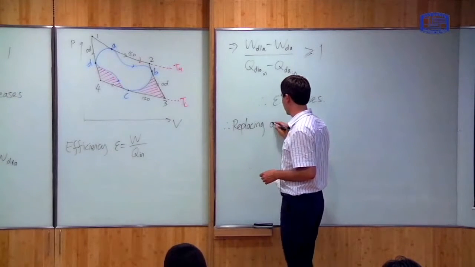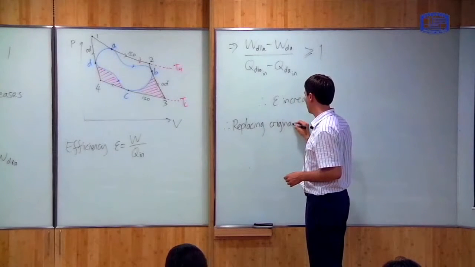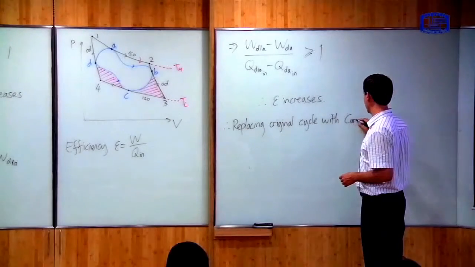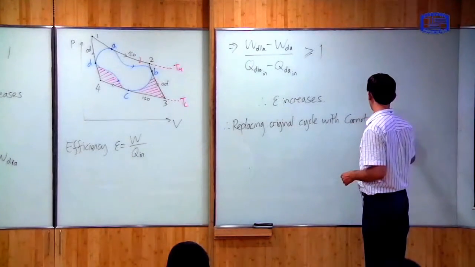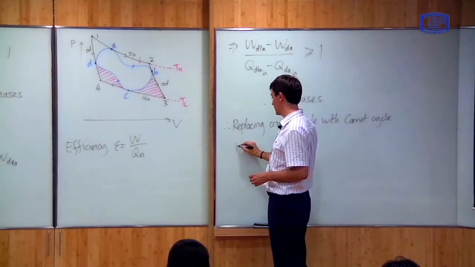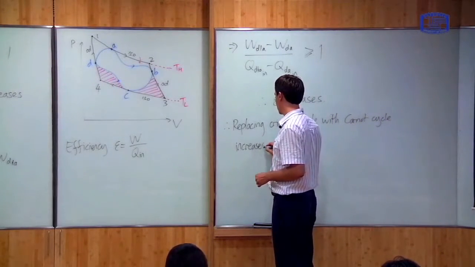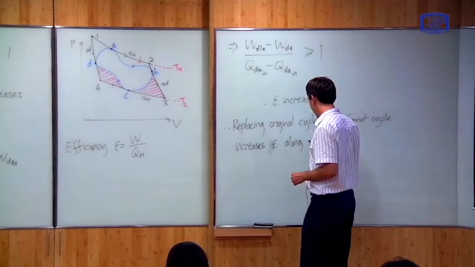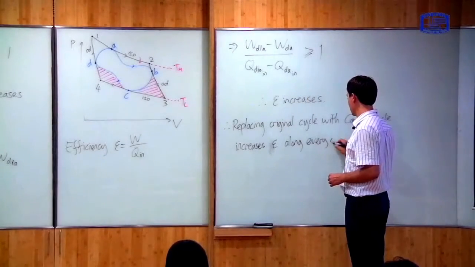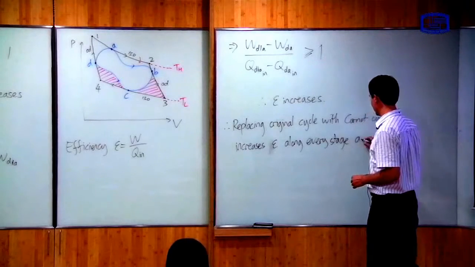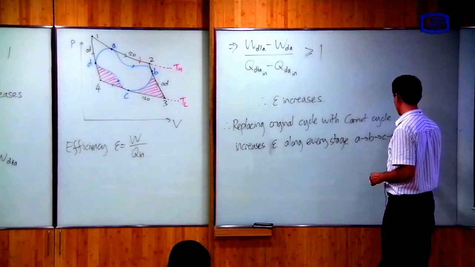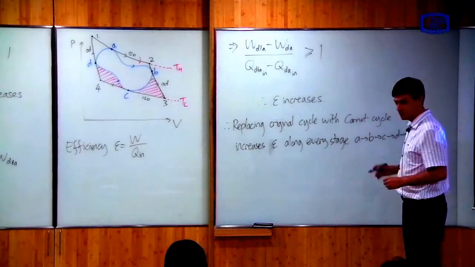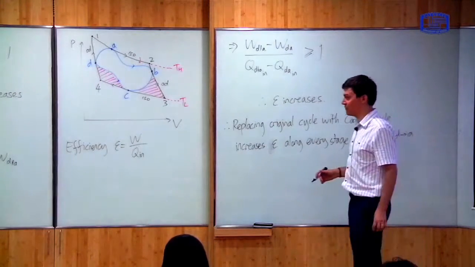So therefore, replacing the original cycle with the Carnot cycle increases efficiency along every stage of the cycle. So that every stage A to B, C to D, back to A. And therefore, the Carnot efficiency must have maximal efficiency.